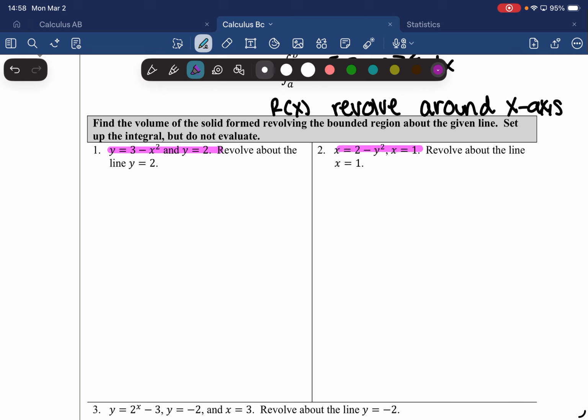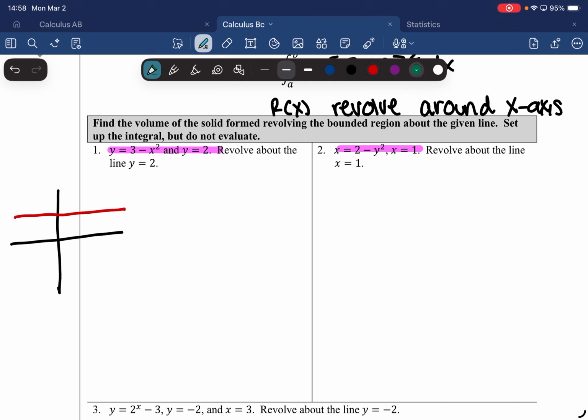Okay. So first I'm going to draw my graph. So one thing that I need on this graph is I'm going to end up needing the intersections. So before I do that, I'm just going to draw my line. So y is equal to 2 is up here. And then I have y is equal to 3 minus x squared.